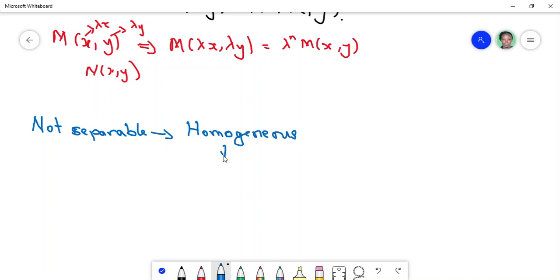And if it is homogeneous, then I can use the method of substitution.